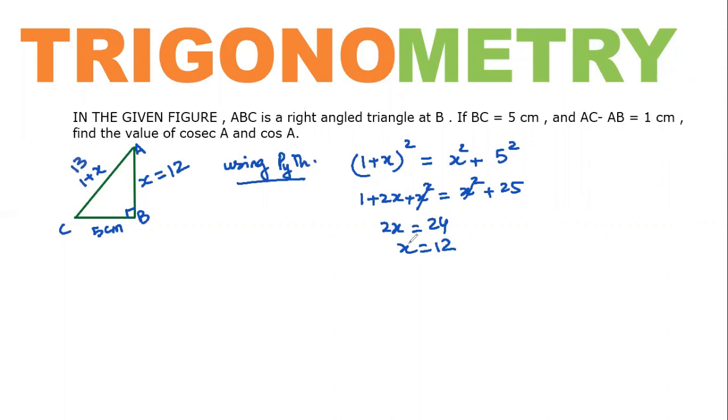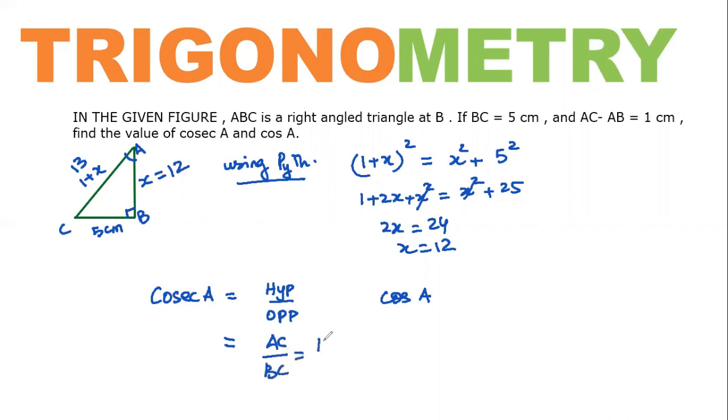Right? Now we need to find the value of cosec A and cos A. Cosec A. So A is the angle of reference. Cosec, the formula is hypotenuse upon opposite, reciprocal of sine. Hypotenuse is AC and opposite is BC.